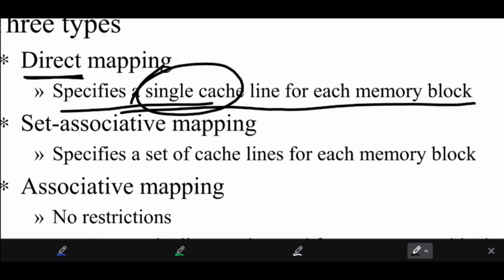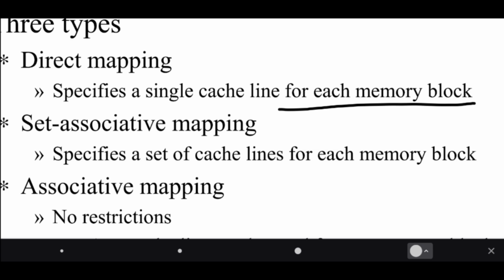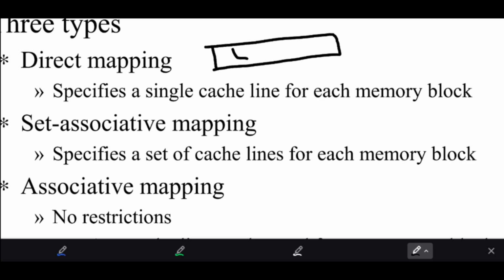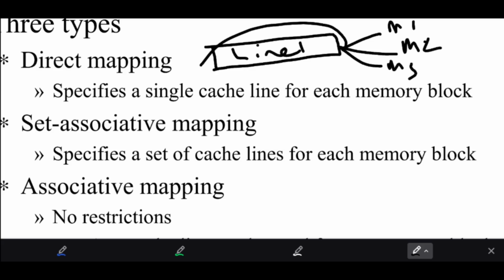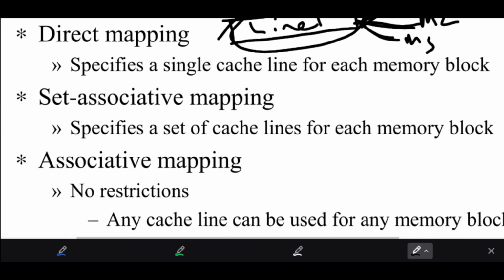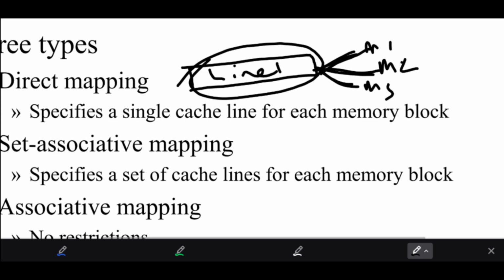There may be a chance that a single cache line, maybe cache line 1, is linked to more than one memory location: memory location 1, memory location 2, memory location 3. There may be a chance that a cache line is associated with, or handles, more than one memory location.